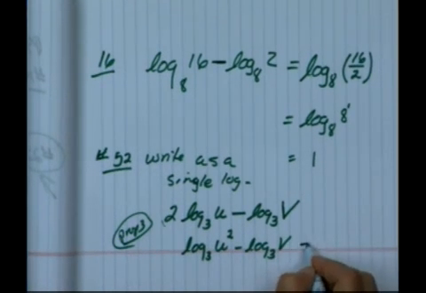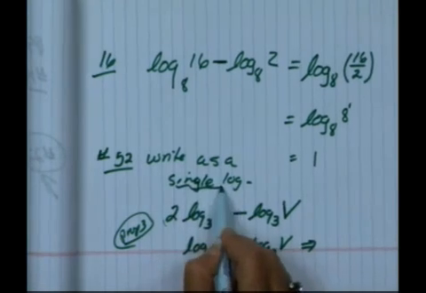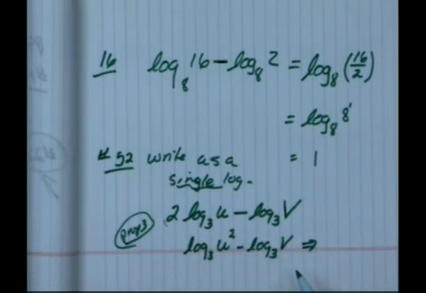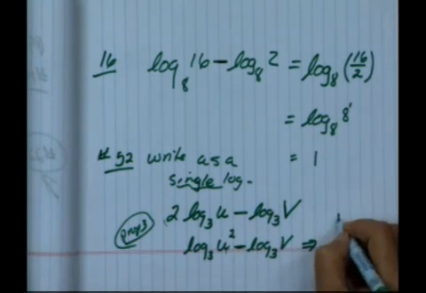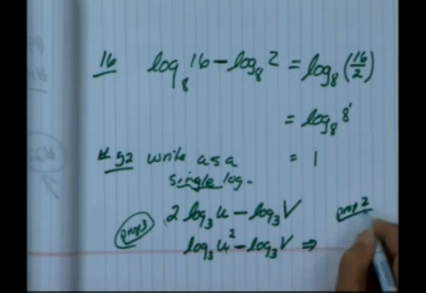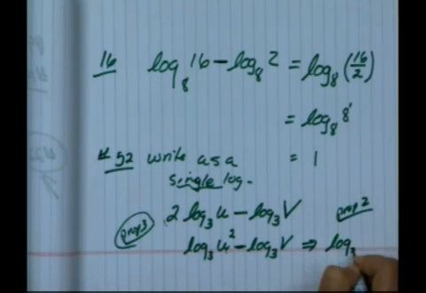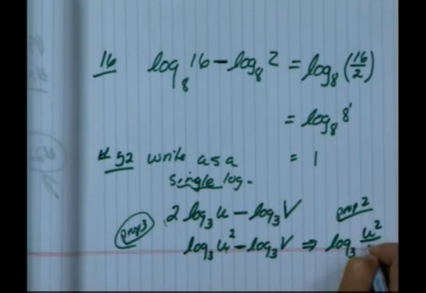All right, what property am I going to use next to write this as a single log? You can add or multiply them. Okay, there's a subtraction sign here, so you're going to divide. So that's really property 2. So it's log to the base 3 of u squared divided by v.